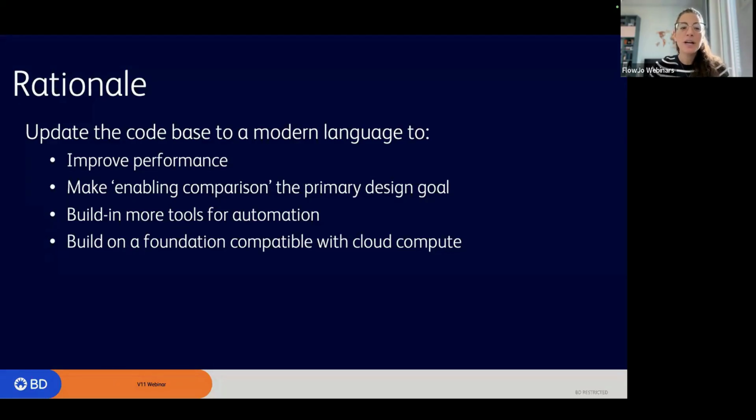So we had to update the code base to a modern language to improve the performance of the software, first of all. And we tried to make enabling comparison the primary design goal. So with this new engine, we can now build in more tools for automation, and we're starting to build the foundation compatible with cloud compute in the future.